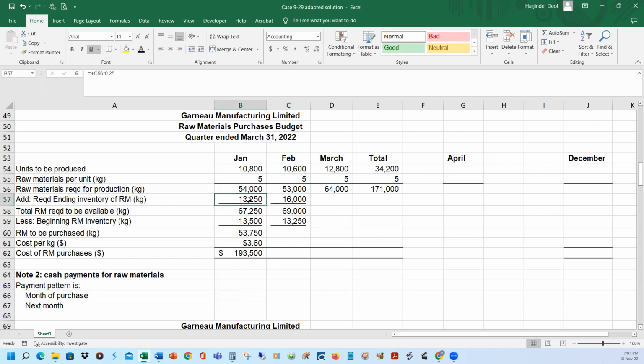Ending inventory from January becomes the beginning inventory for February. So subtract that out of the total inventory required, we get 55,750 kilograms needed to be purchased in February, which at a cost of $3.60 per kilogram works out to $200,700 of purchases.